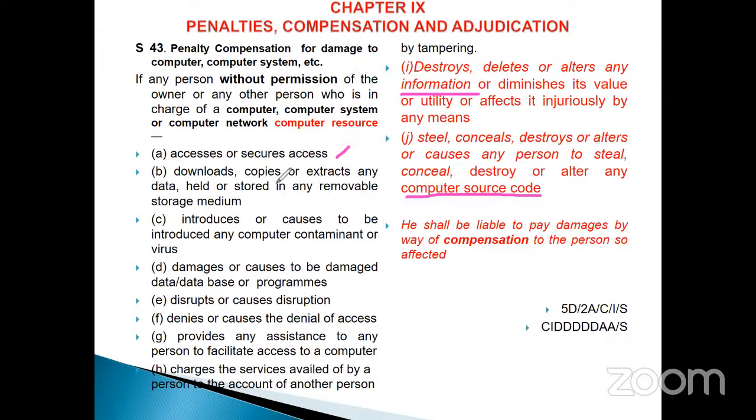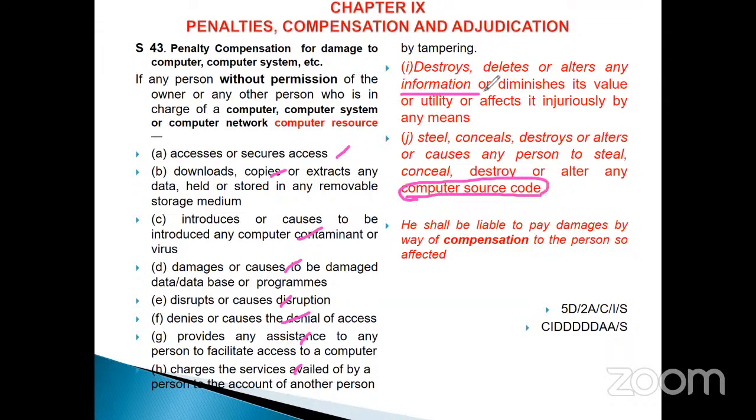So: access, copy or extract, then computer contaminant, damage, then disruption, denial of service, assisting, then service availed of by another person, information stolen, copied, deleted, etc. Computer source code stolen, deleted, altered, etc.